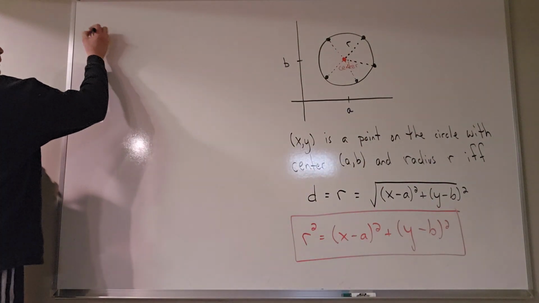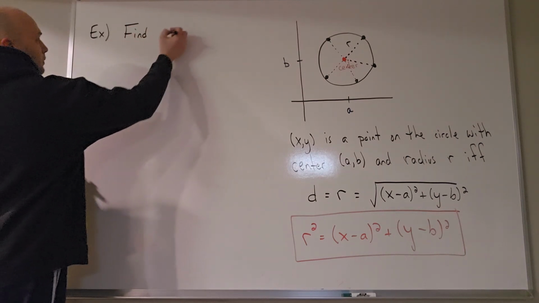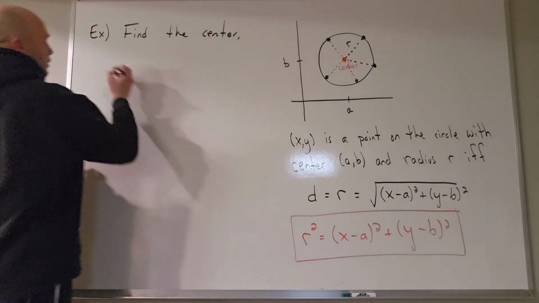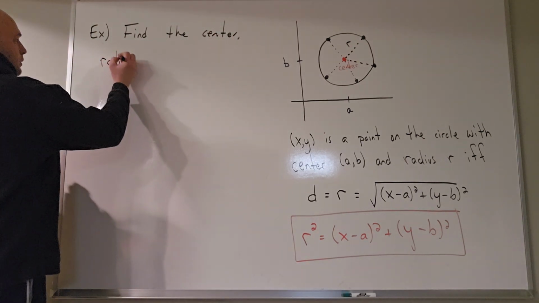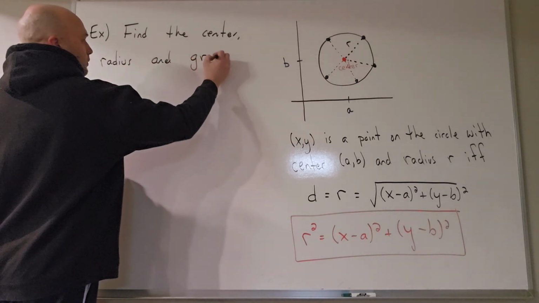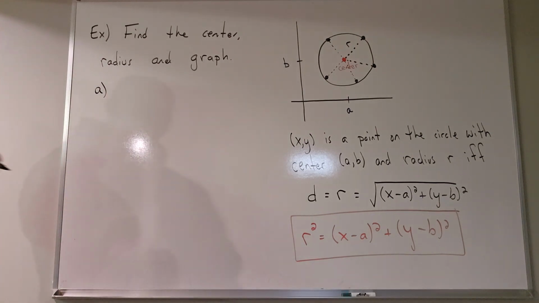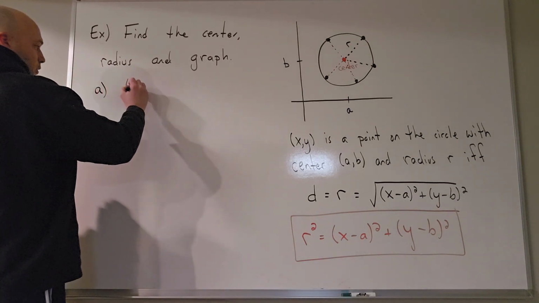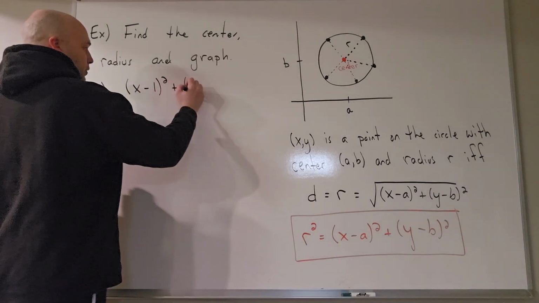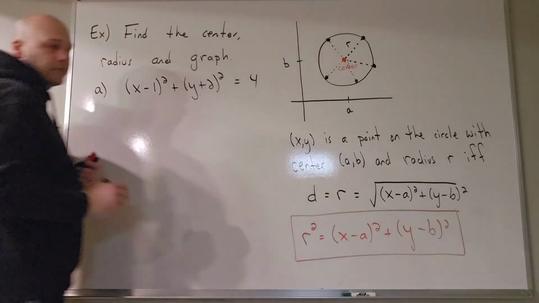So, for example, find the center, radius, and graph. Okay. Part A. Let's do x minus 1 squared plus y plus 2 squared is equal to 4.